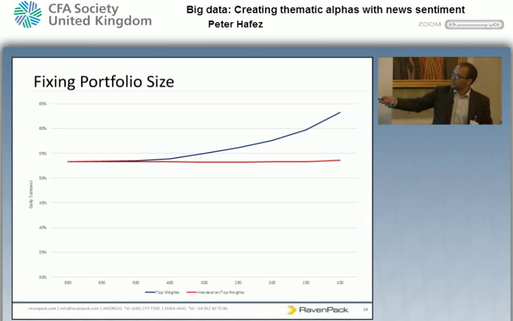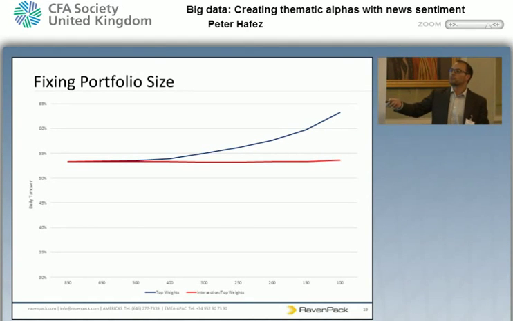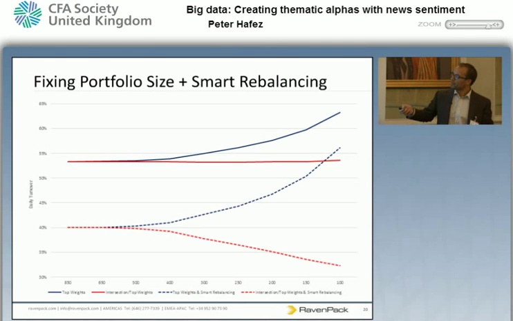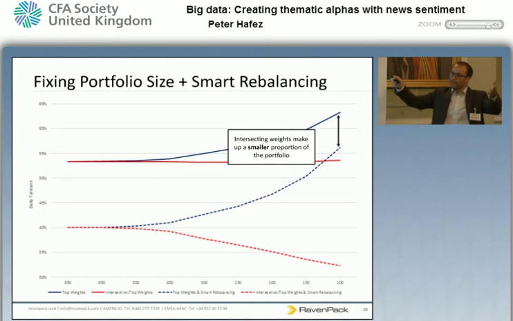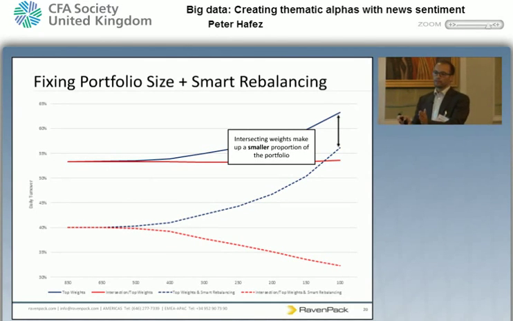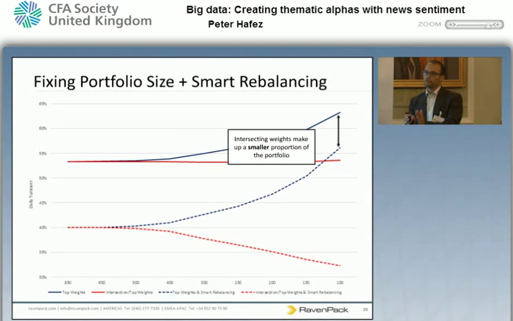If we top up with intersection stocks first, we're actually able to decrease the portfolio and keep turnover as it is. Let's try, instead of just scaling everything linearly, to carry forward the weights from stocks that were in the portfolio and then see what happens.